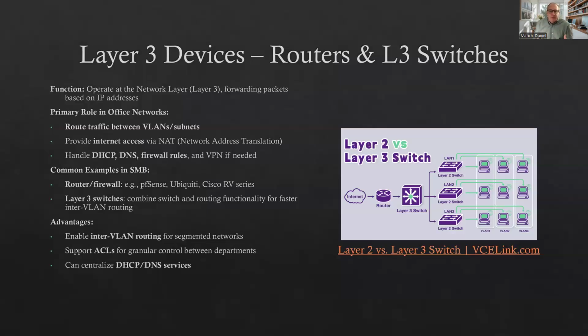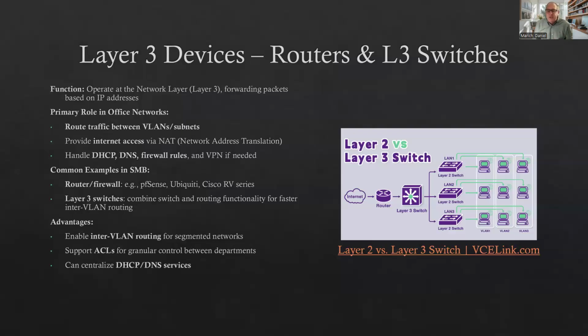Beyond basic routing, layer 3 devices can also handle critical services like DHCP, Dynamic Host Configuration Protocol, Domain Name System, DNS, firewall rules, and even virtual private networks, or VPNs. In a small and medium-sized business, routers and firewall appliances, such as pfSense and Cisco, are commonly used.